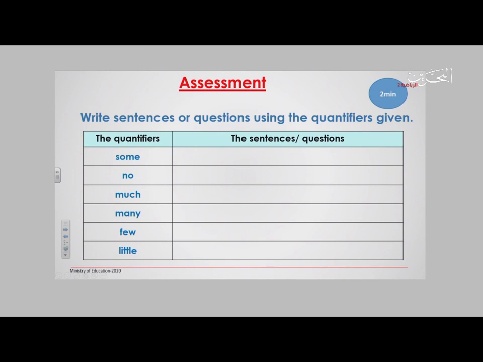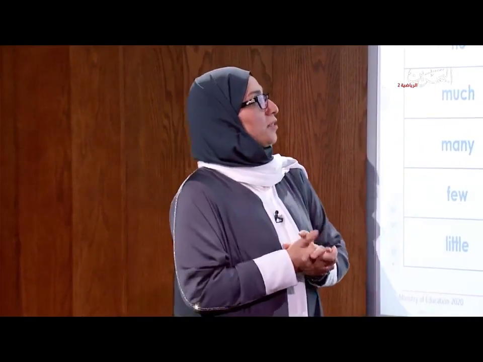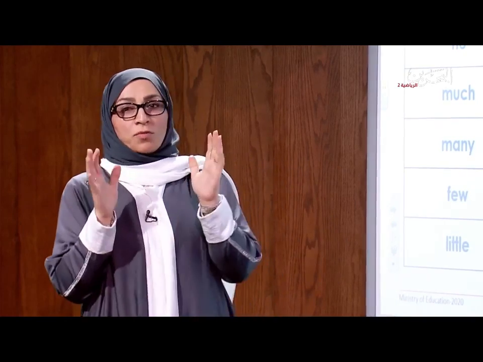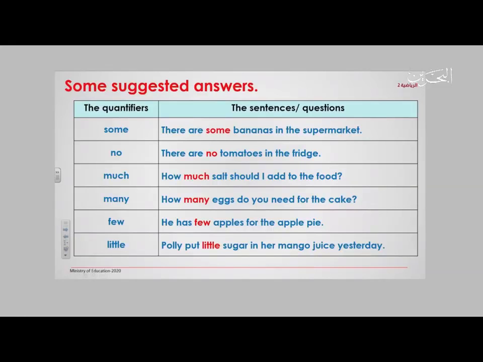Now, are you ready to check your answers? Here we are. These are just suggested answers. You may have other sentences, no problem. Let's start. Some, the most important thing is that I can use some with both. So you can relax. You can use both.